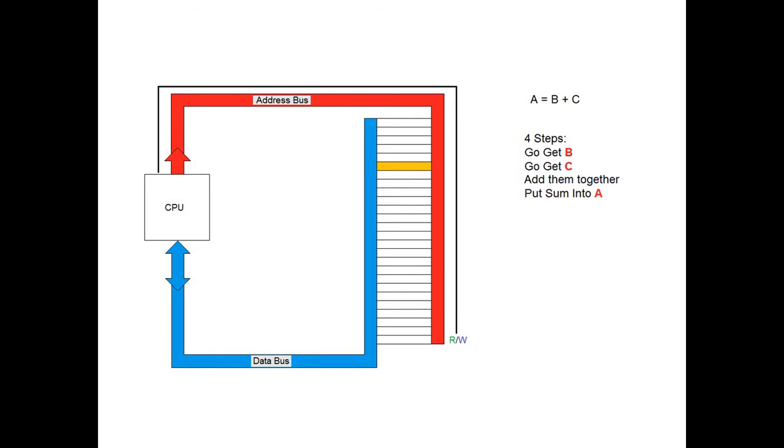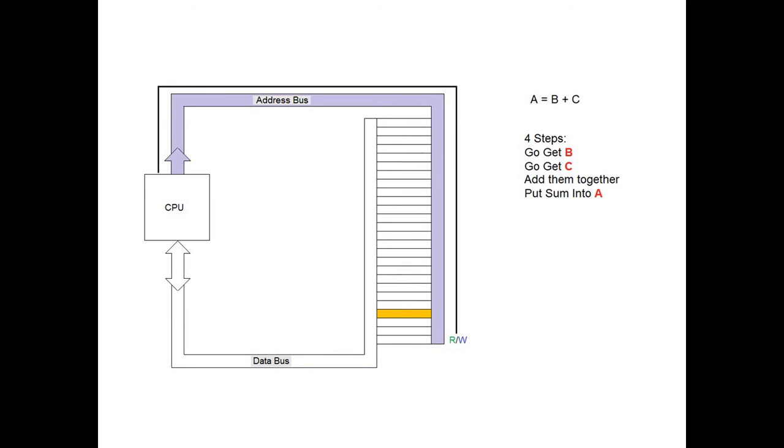The CPU then turns the read-write line off, so the memory location disconnects from the data bus. It then puts another address out onto the address bus. This one, it points to the variable that C is stored at.